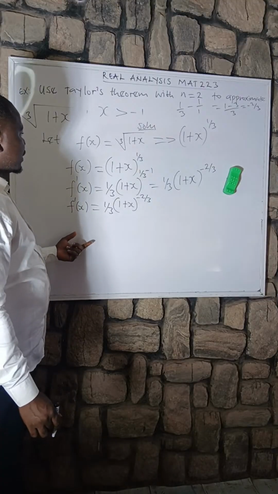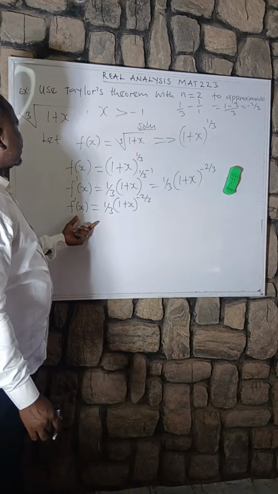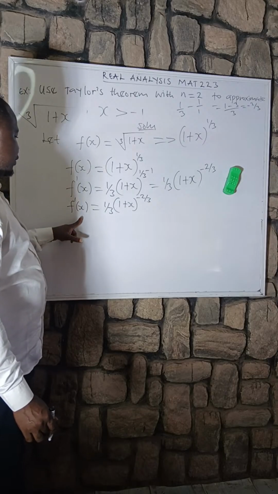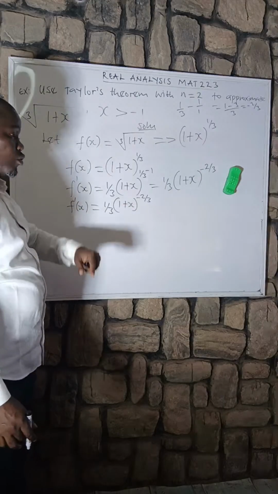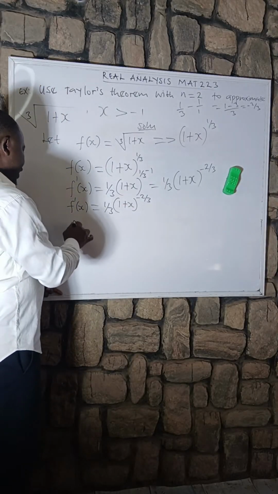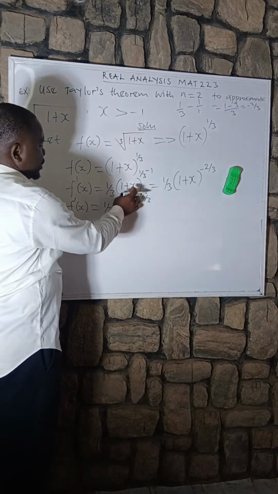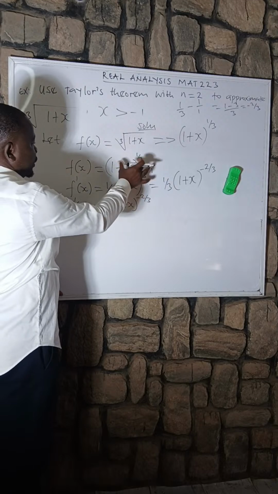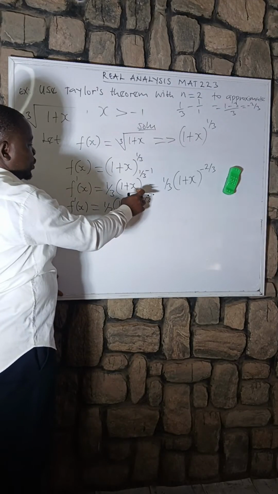So this is what we are going to do. We are going to differentiate this function twice. So our f prime of x, the same thing is applicable. How you differentiated this one, you are going to apply the same thing. It means you differentiate this one. What is here?